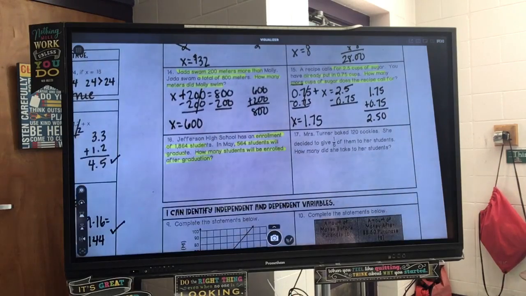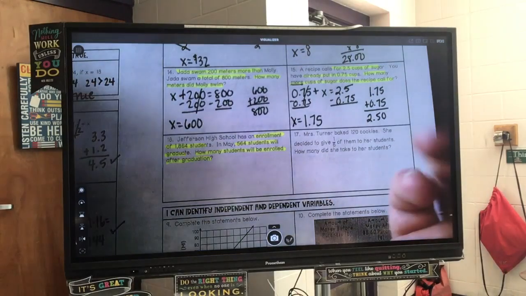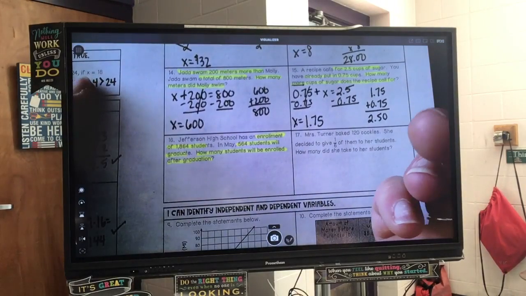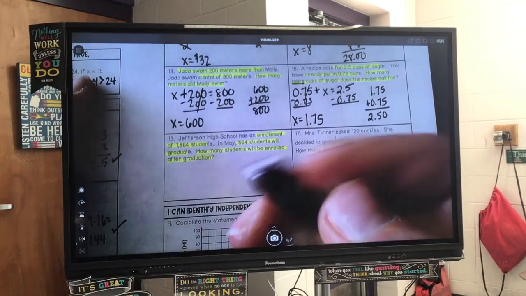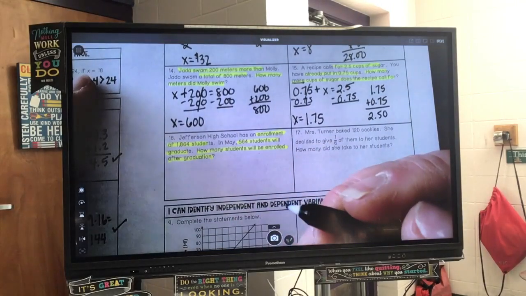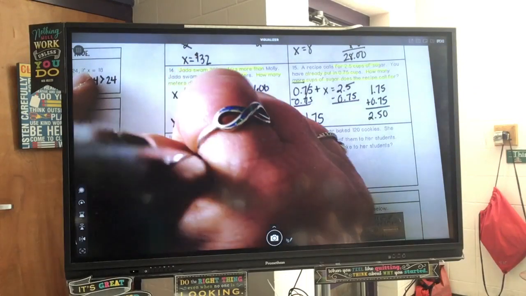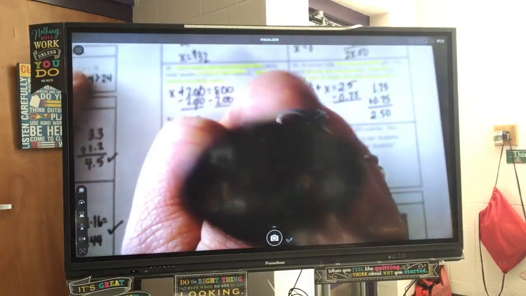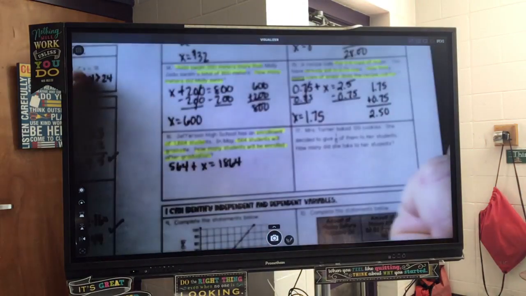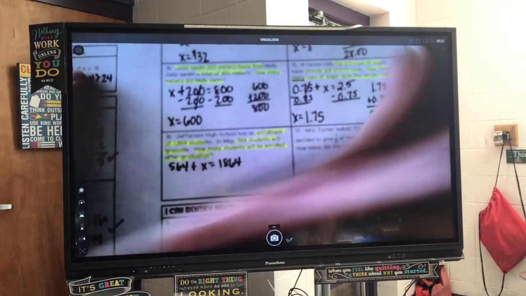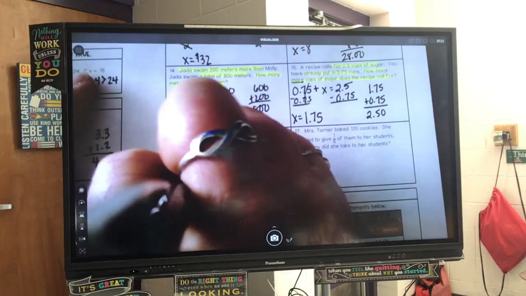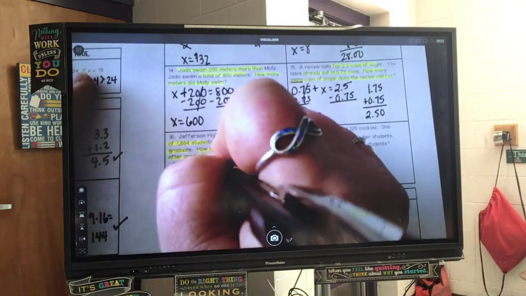Alright, what does our equation look like? 564 plus X equals 1,864. And then what do we do? And we're going to subtract 564.